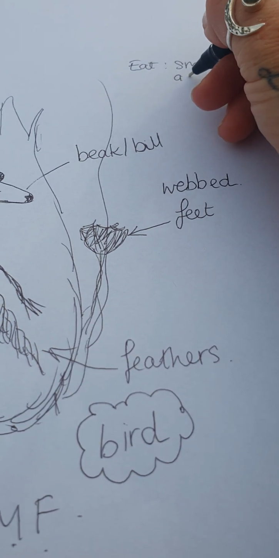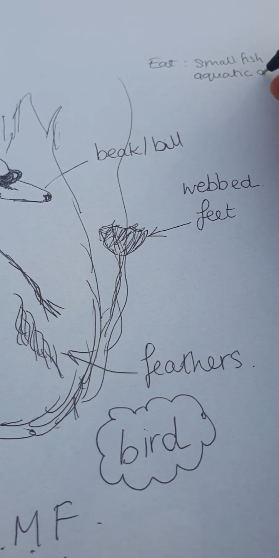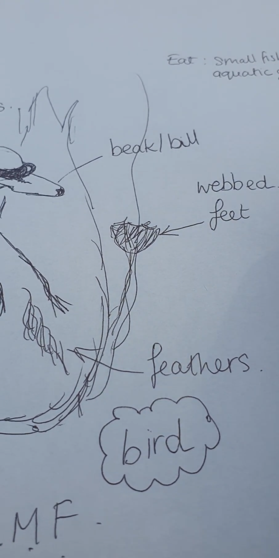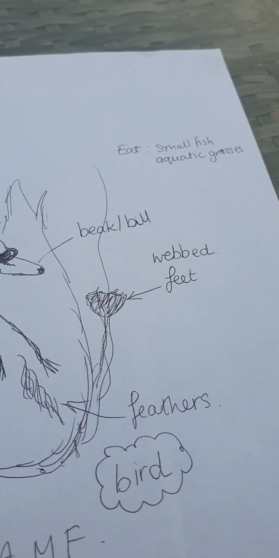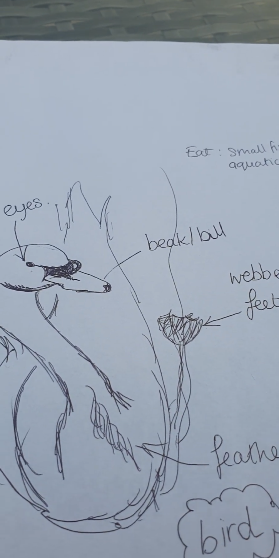And they will eat aquatic grasses. Whoops. And any small creatures that live on the aquatic grasses. So any reeds, any pond life you see, swans will eat it.